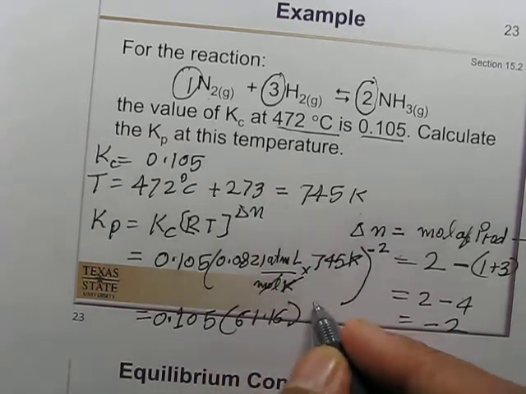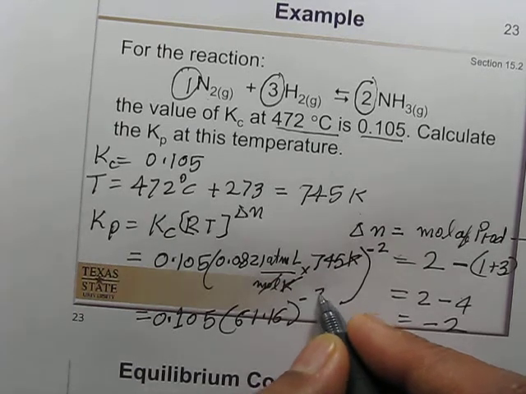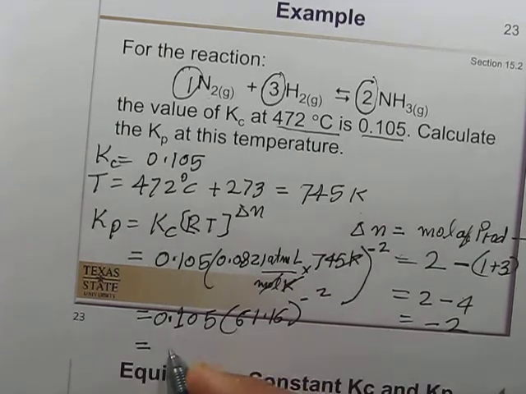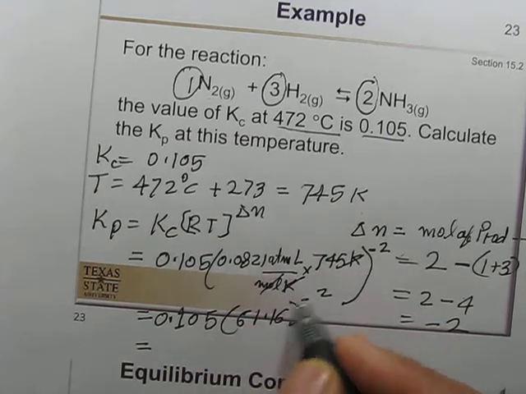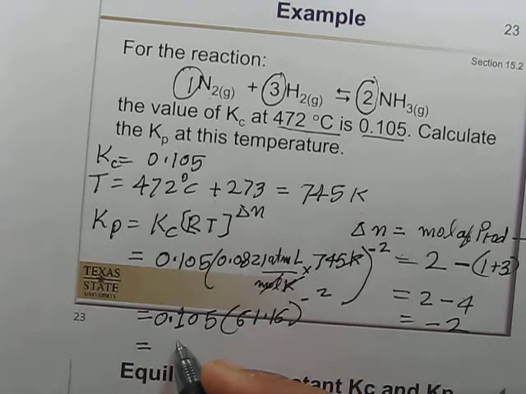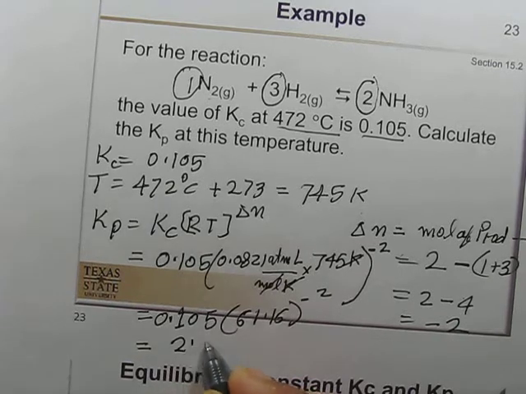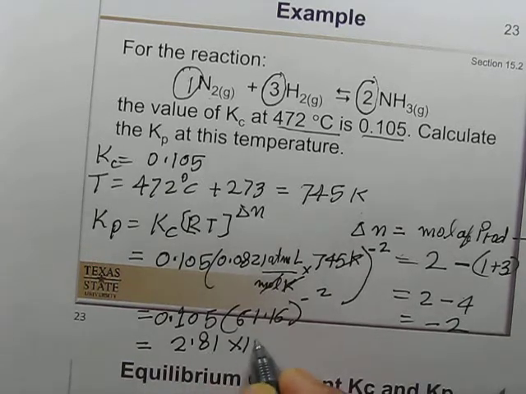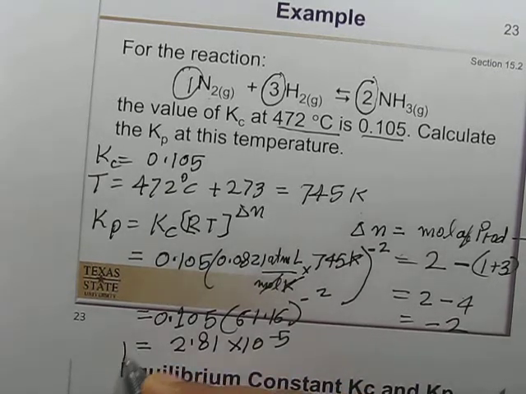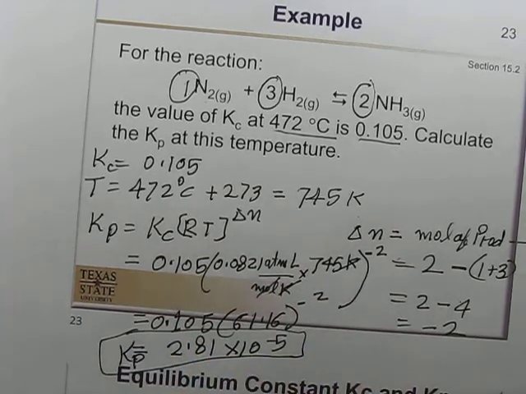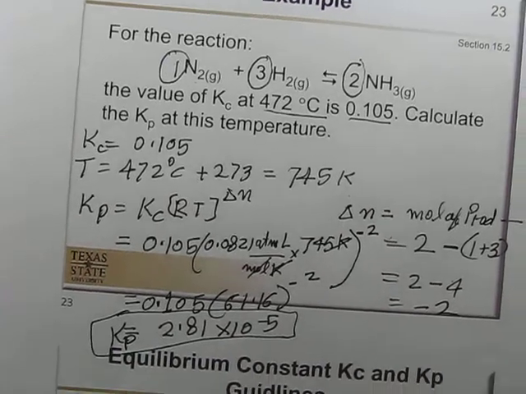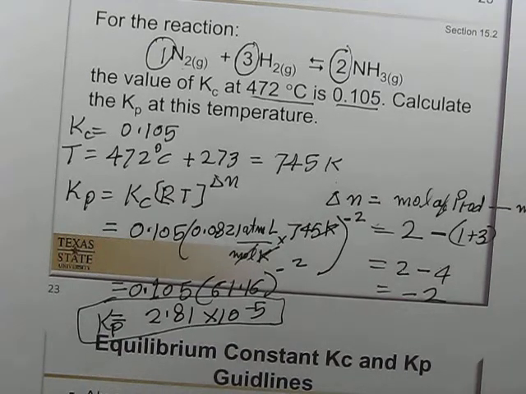You can double check if I am doing it correctly. So this is the product, and now I am going to solve this math. The total answer will come to 2.81 times 10 raised to the power minus 5, which is Kp. So this is the way we can solve this question, how to calculate the Kp if the Kc is given.